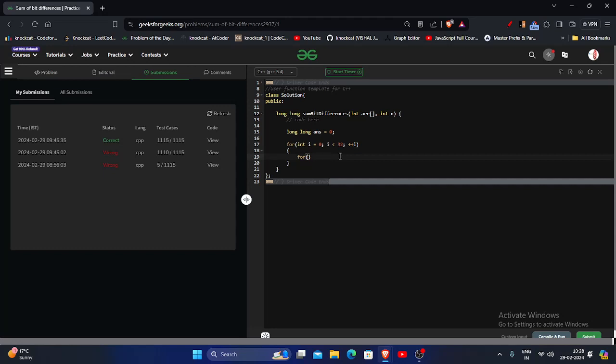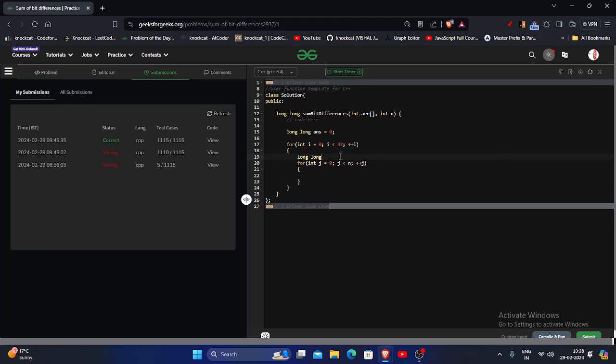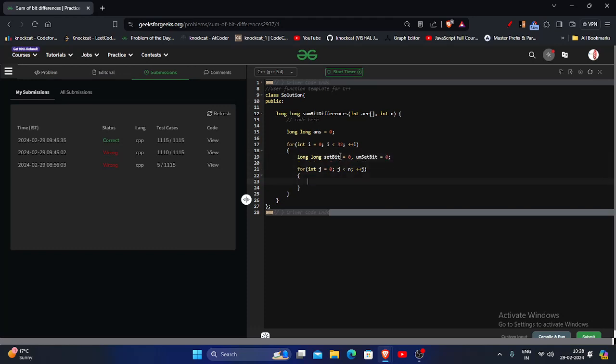Now, I iterate for my array, j less than n, plus plus j. Let me make two variables: long set bit equals to 0 and unset bit equals to 0. Now I am checking for each number if its ith bit is set or not.